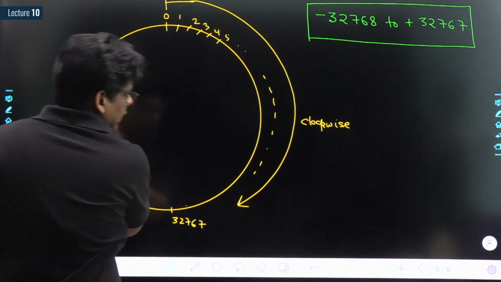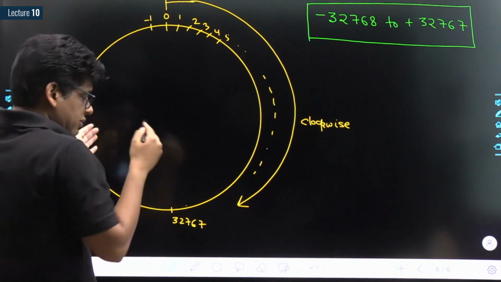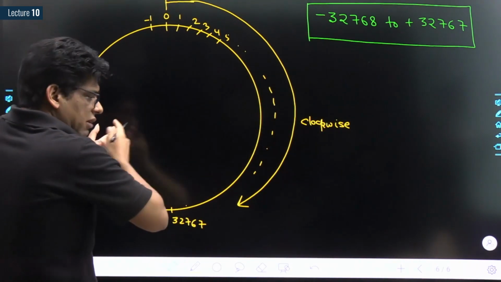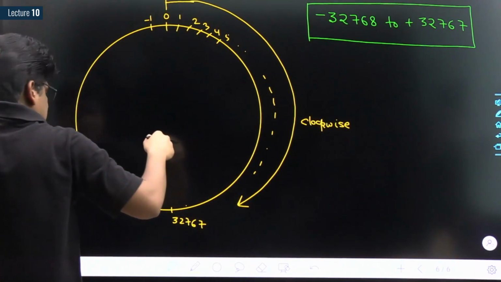For negative values, it is the same as the number line in mathematics. For positive values we move in this direction, for negative values in this direction.